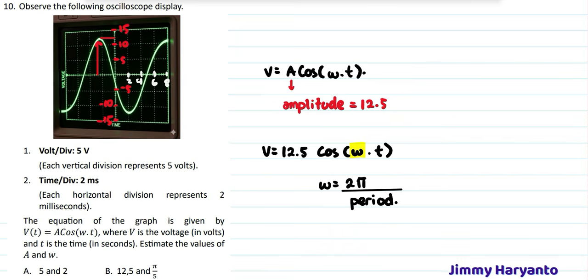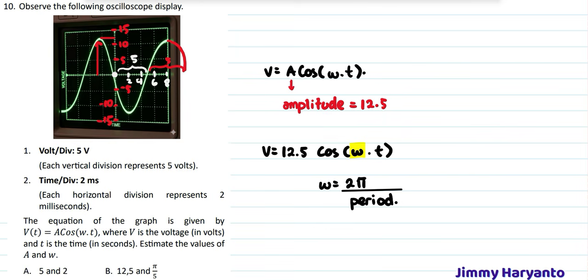The period should be right here, at 0, 0. Oh, this one's confusing because half of them is 2, but for the full one is 5. Okay, let's use this one instead. So we know that this one is 5. That means the next one will also be 5, and that also means the period will be 10.